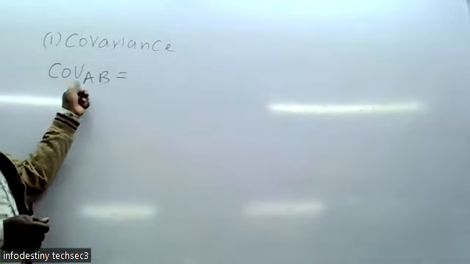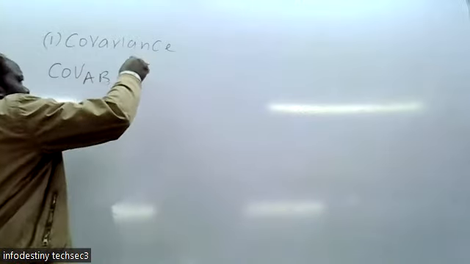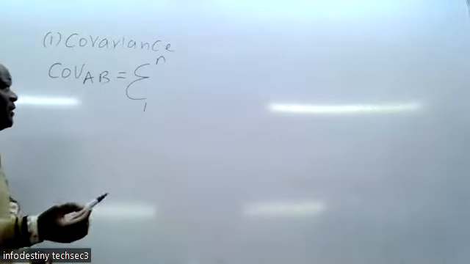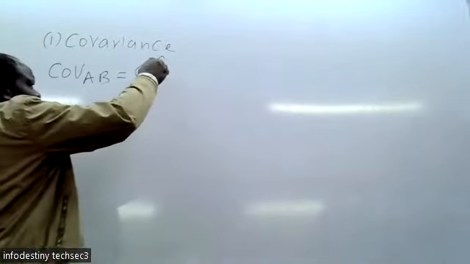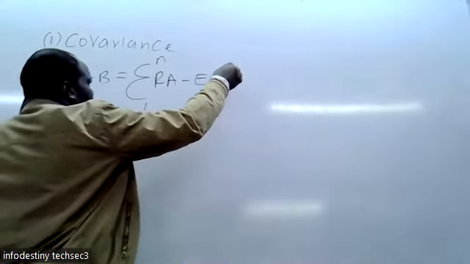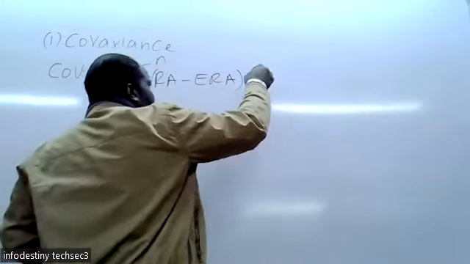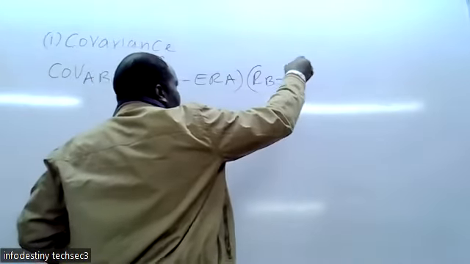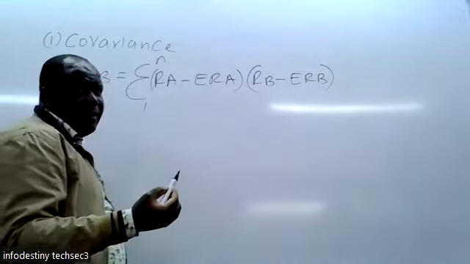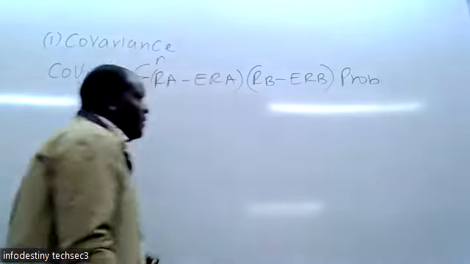To get the covariance between A and B, I will be getting the summation from the first observation to the last, so N is the last observation. I take return for A minus expected return for A, then I multiply by return for B minus expected return for B. Once I've multiplied them together, I multiply by the probabilities.